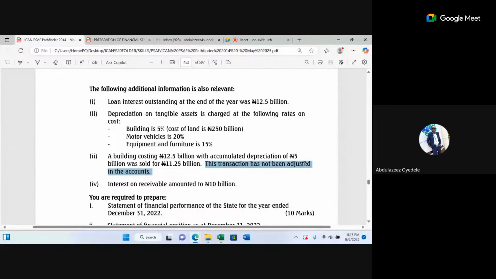So as far as our records are concerned, this transaction did not happen. What it means is that the 11.25 billion that they received from selling that building was not entered into the cash book of the entity, and so it is not part of the cash that has been calculated.